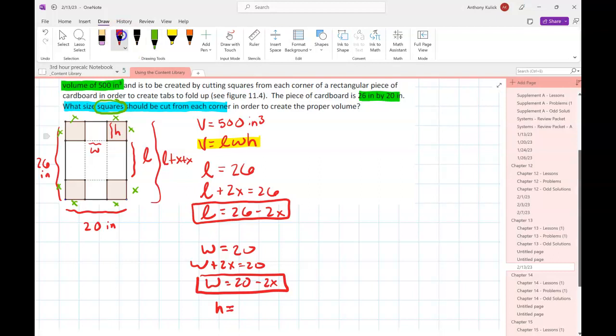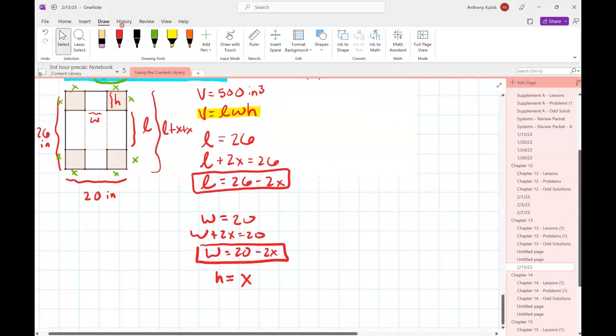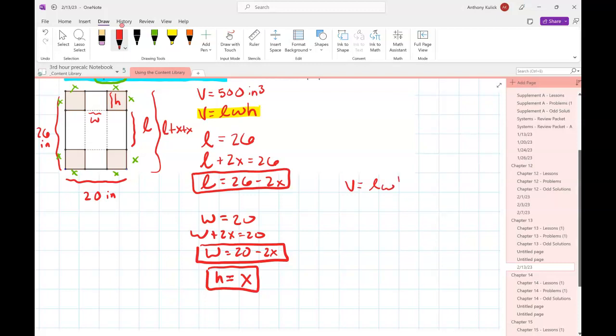So h is x. That's it. Just x. Yeah, it's one of the side lengths of the square, isn't it? Yes. That's it. So if we put this all together now, volume is length times width times height. We'd say 500, that's the volume, is equal to the length, 26 minus 2x, times the width, 20 minus 2x, times the height, x.